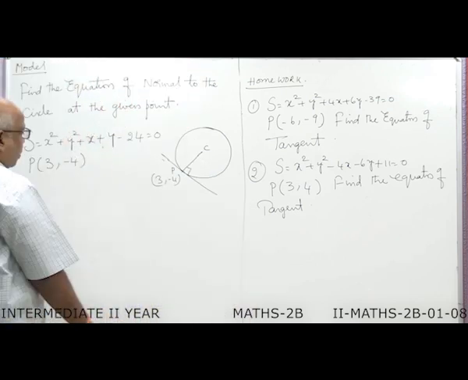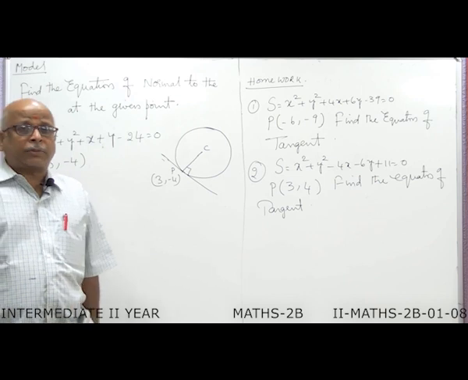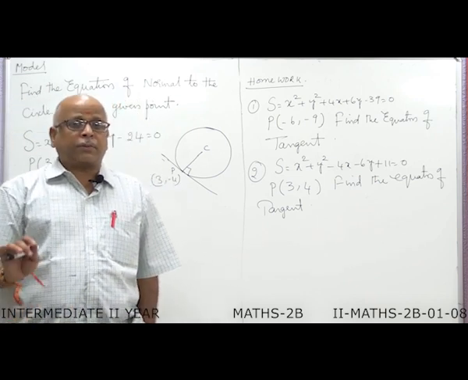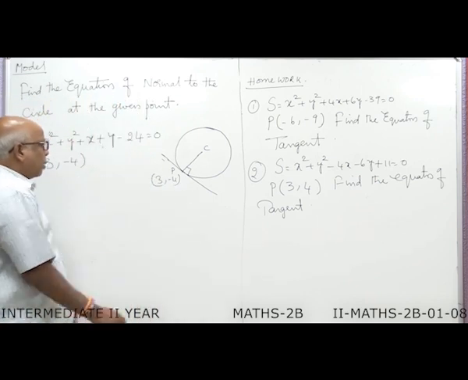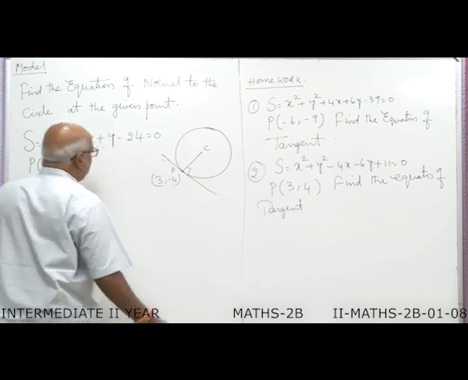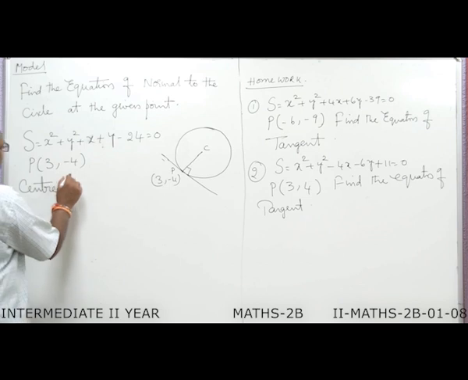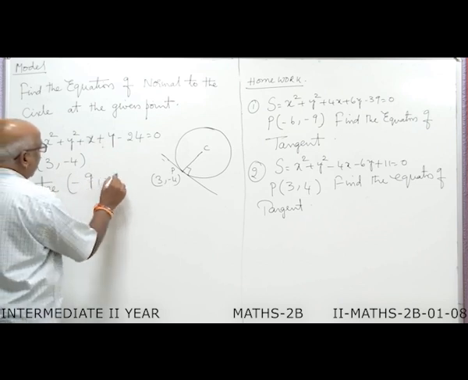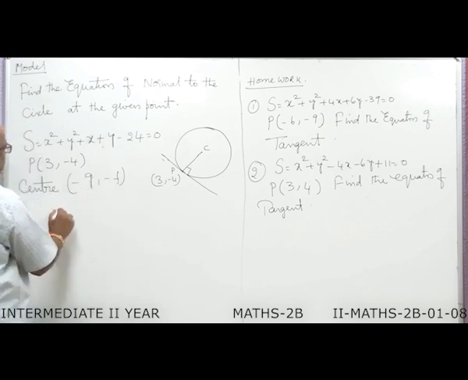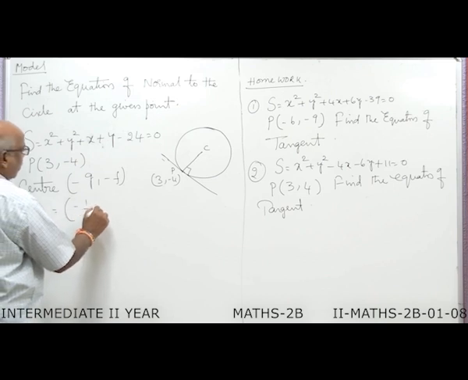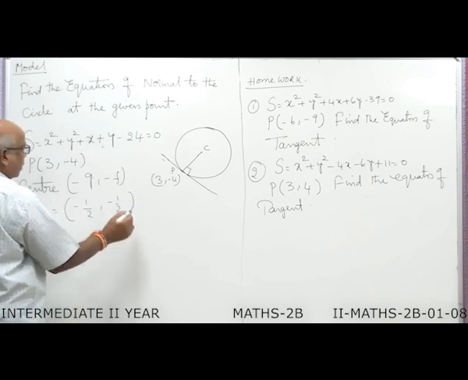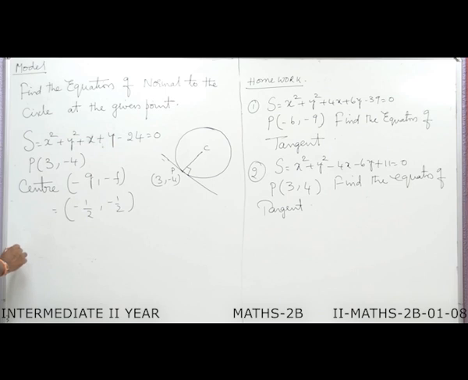There is a principle: every normal passes through the center of the circle. So one point is given already, now the center coordinates. What are the coordinates of the center? Minus g, minus f, that is minus 1 by 2, minus 1 by 2.